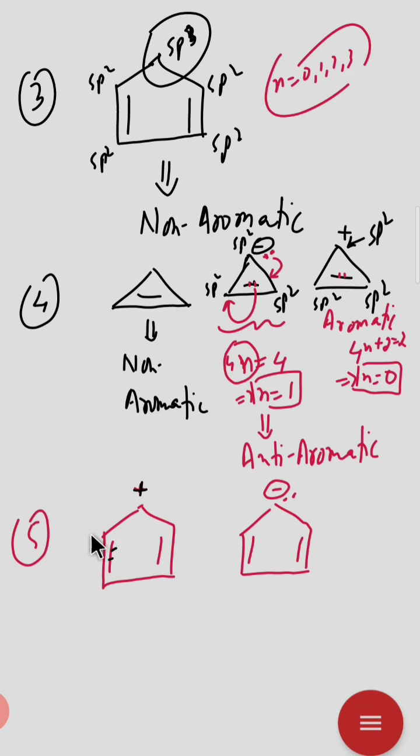Therefore we need to count the number of pi electrons: 4 pi electrons, so this will be 4n, and the value of n will be 1.